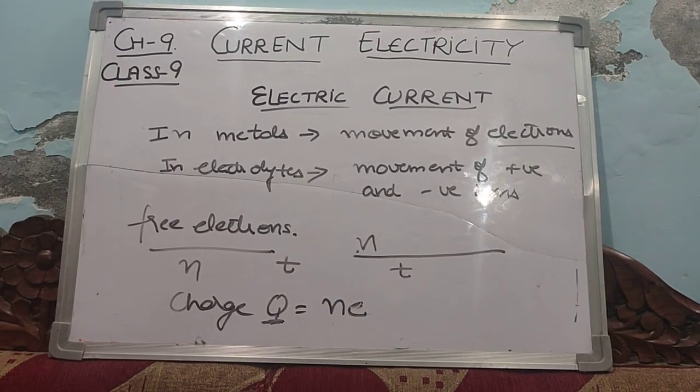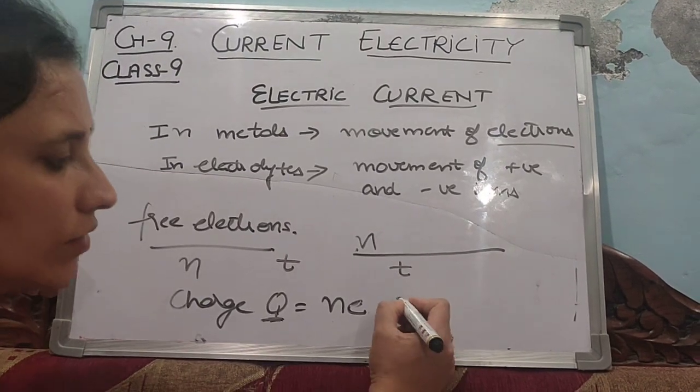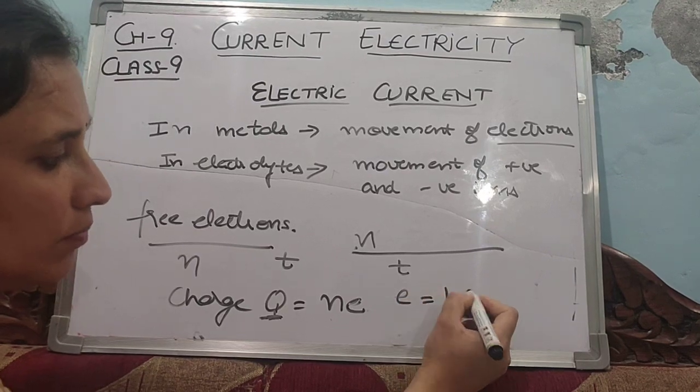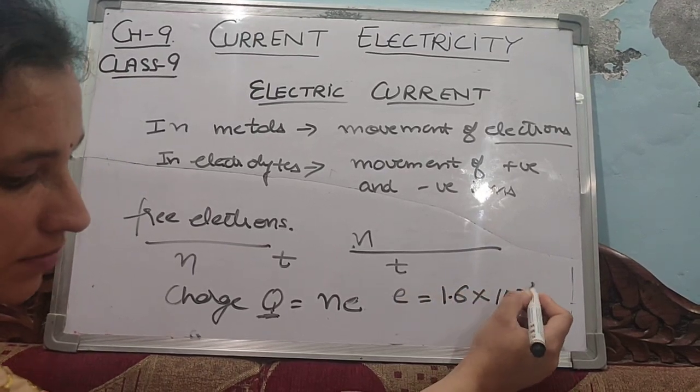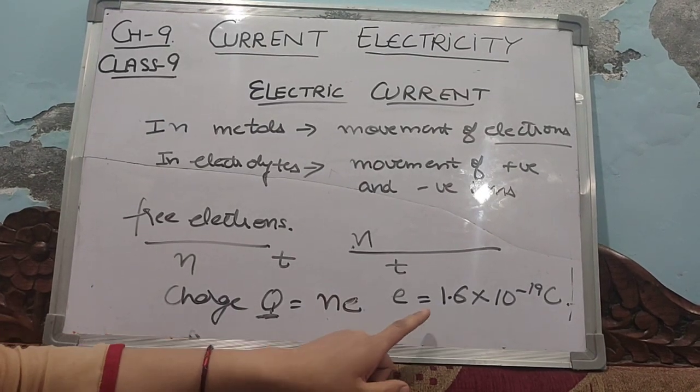Now, what is the charge on one electron? Dear students, remember, the charge on an electron is equal to 1.6 into 10 raised to power minus 19 coulomb.